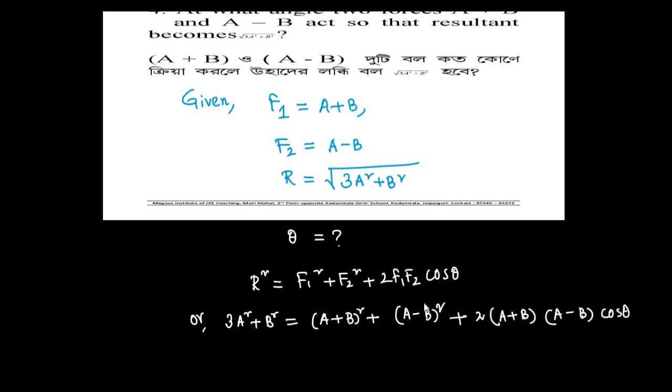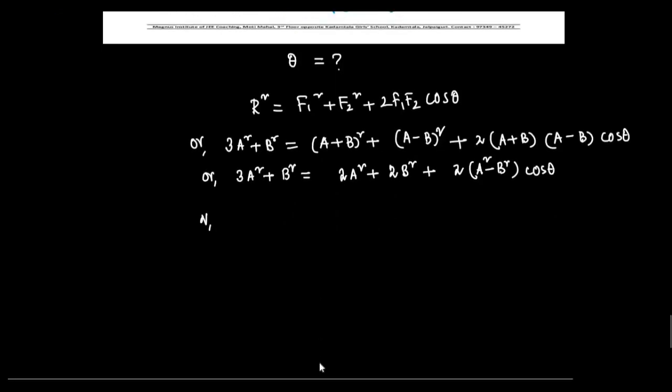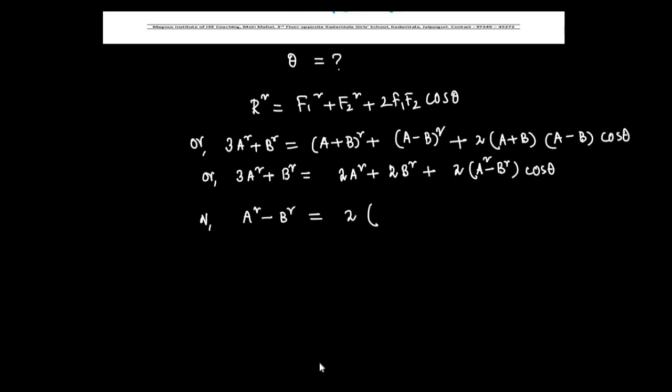So 3A square plus B square is equal to 2A square plus 2B square plus 2 into A square minus B square cos theta. After simplifying, we get A square minus B square is equal to 2 into A square minus B square cos theta, or cos theta is equal to 1 by 2.